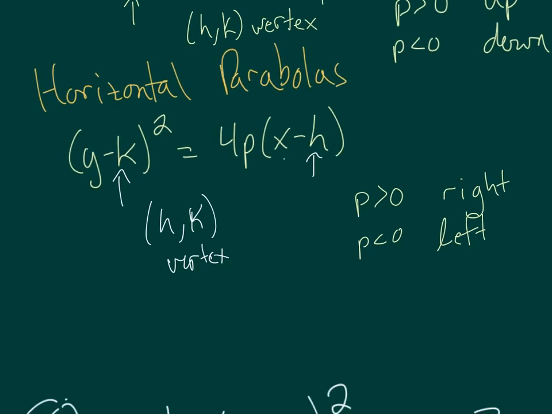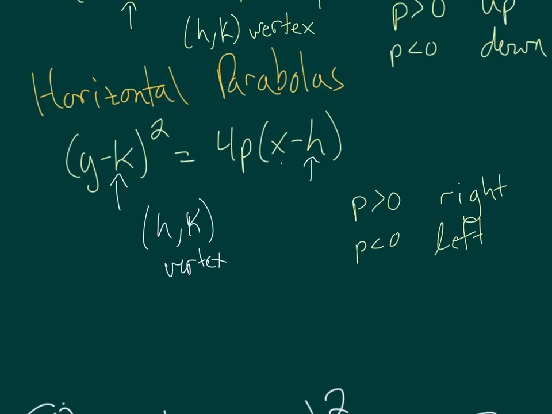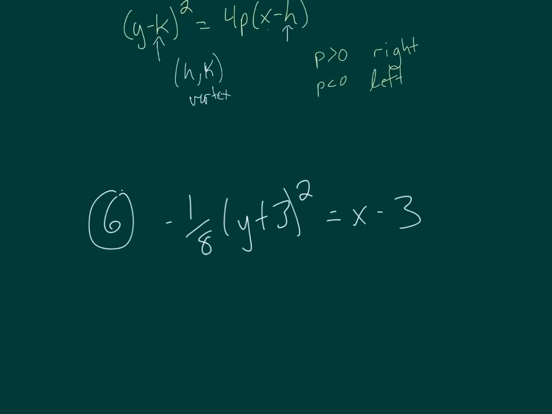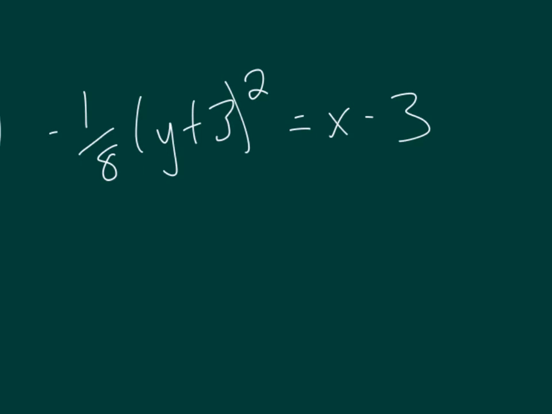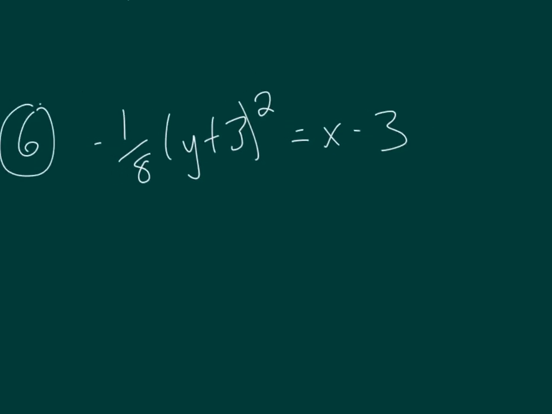Without further ado, let's look at two of the homework problems. In particular, I wanted to talk about number 6. We've got a fraction being multiplied by y plus 3 squared, equal to x minus 3. I don't like fractions, and they make things really funky, so let's multiply this whole side by negative 8.